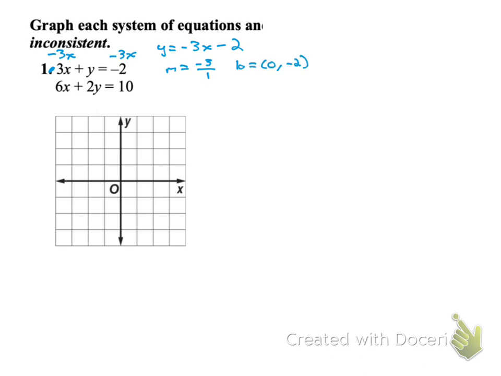My y-intercept is 0, negative 2. So first step, I'm going to plot my y-intercept at 0, negative 2. And then I'm going to go down 3, right 1, or up 3, left 1. And I'll have my line.